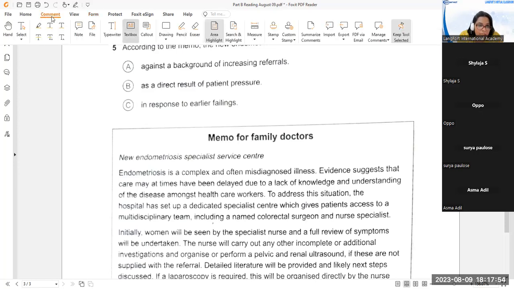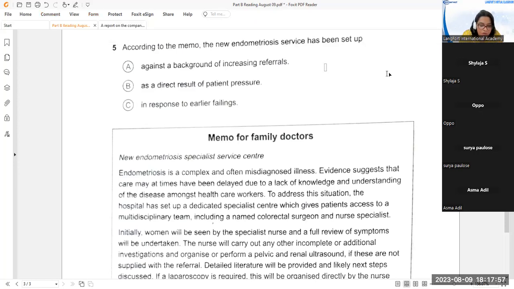So I'll tell you one thing. Whenever they have talked about a subject, and then they say has been set up, or organized, or given, any verb like that, you can use the question phrase for what. So all of you go through the question, interpret it using for what. According to the memo, the new endometriosis service has been set up for what?